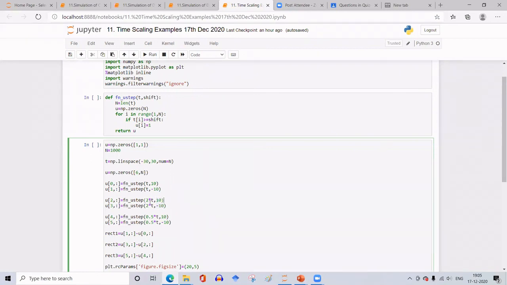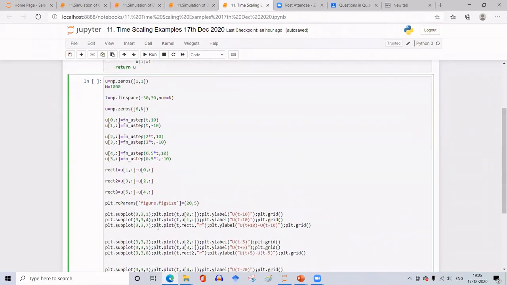What this does is it will divide the time axis. Let me see, no, this will actually increase. T will be from minus 30 to plus 30. No, instead it will be from minus 20 to plus 20. Okay, time axis is halved here and it is doubled there.